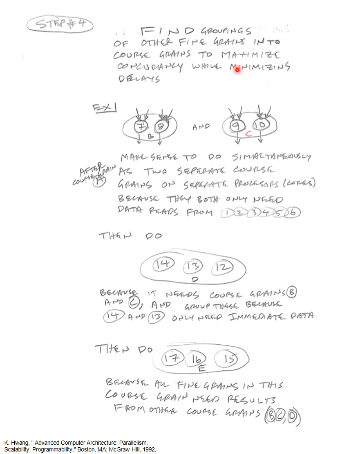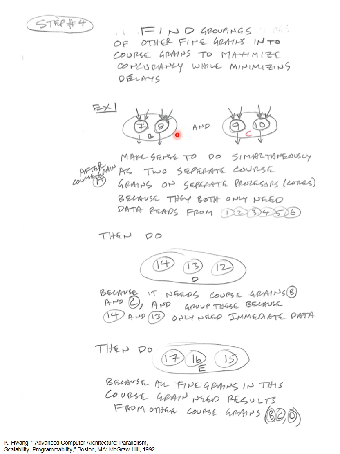And then we want to go on and make more coarse grain. So we just made coarse grain A. We're making coarse grain B and C. And you want to find groupings of other fine grains into coarse grains to maximize concurrency while minimizing delays.